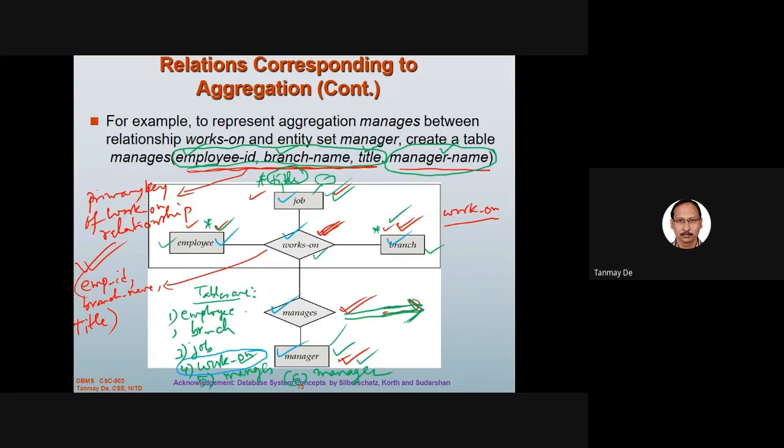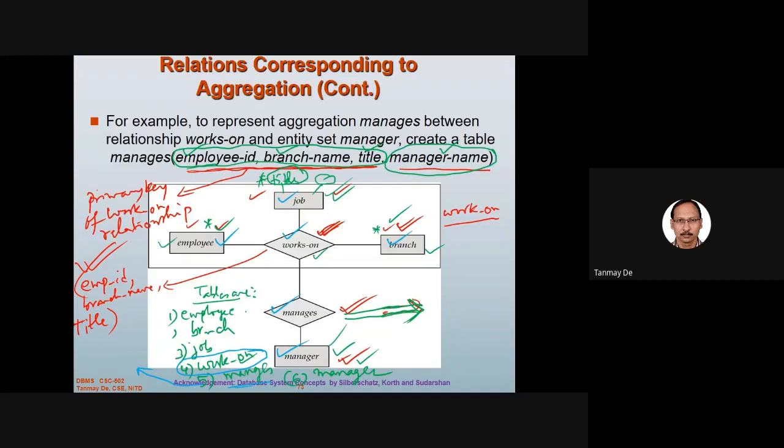in that sense. The information which is stored here is also stored in the manages table. But if we consider the managers table consists of null values, then at that time the work on relationship table is not required. At that time it acts as redundant.